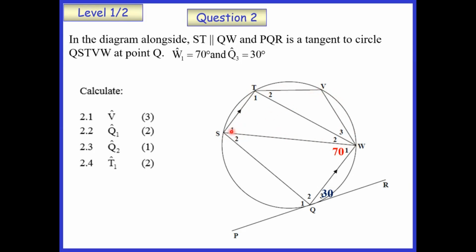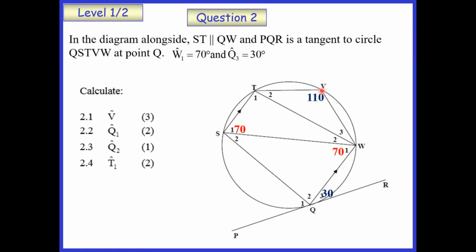Now, let's come to S1. Does S1 have a relationship with any other angle? 70. Yes, 70. Why is S1 equal to 70? Alternate angles. Well done. So let's go frontwards. We solved our problem. So we know S1 is 70. And we said alternate angles because ST is parallel to QW.